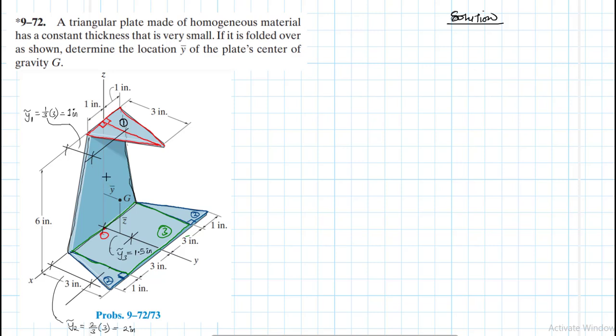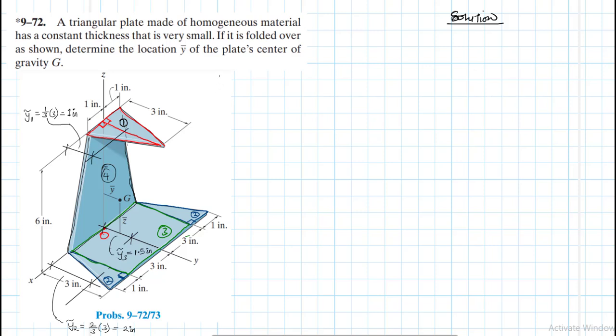Let me call it part number 4, and its centroid location is just going to be equal to 0. We'll still need this area, and since it is trapezoidal, we need to calculate the area. So let's start calculating the areas.